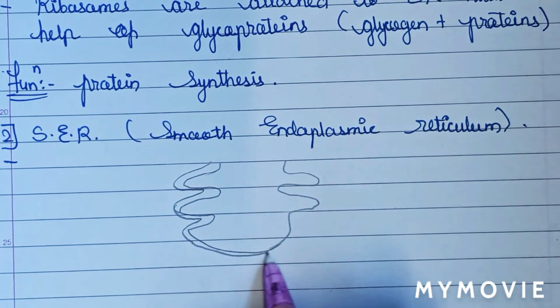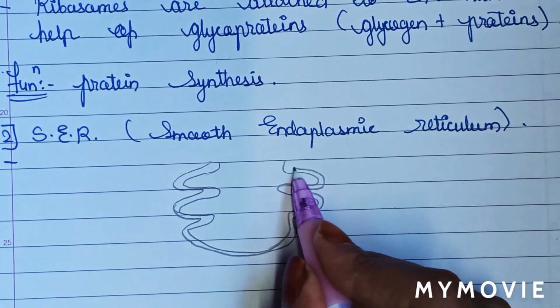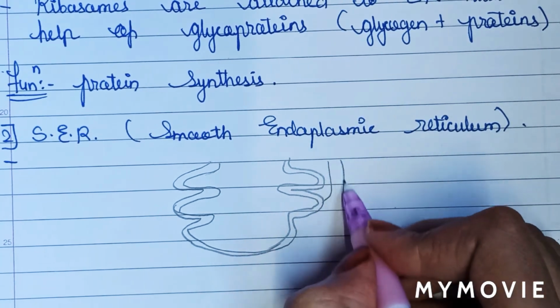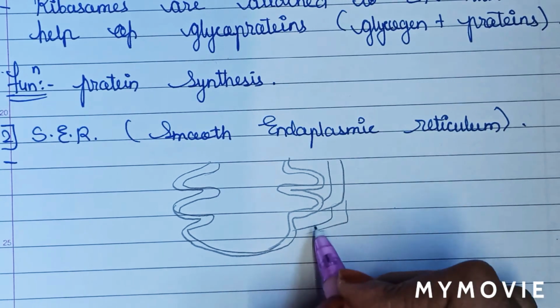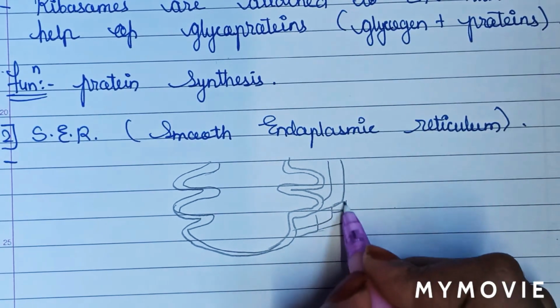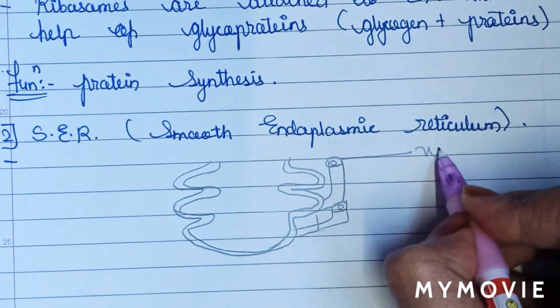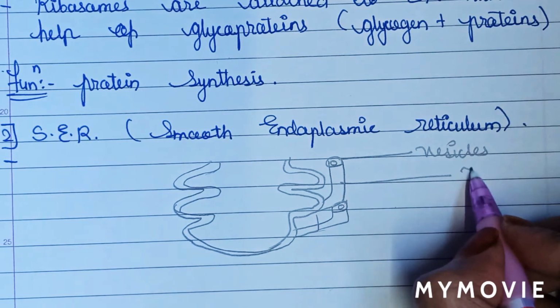Smooth endoplasmic reticulum is not made up of cisternae, but to understand we will draw the endoplasmic reticulum first. Here you can see vesicles. These are vesicles and these are tubules.